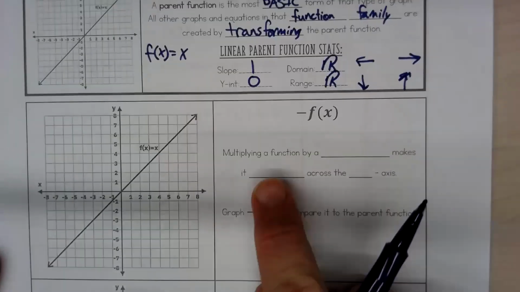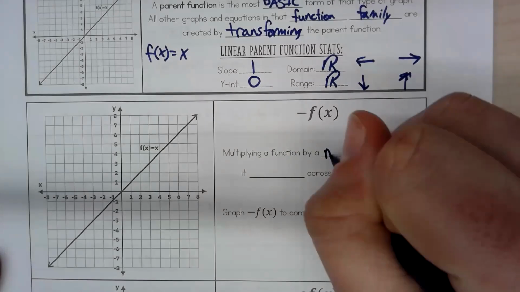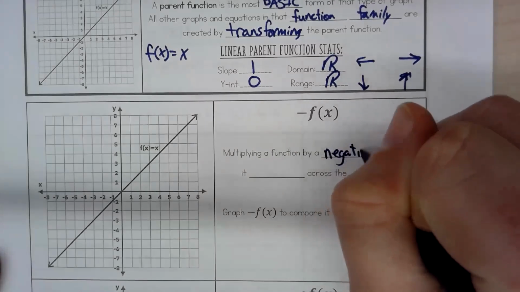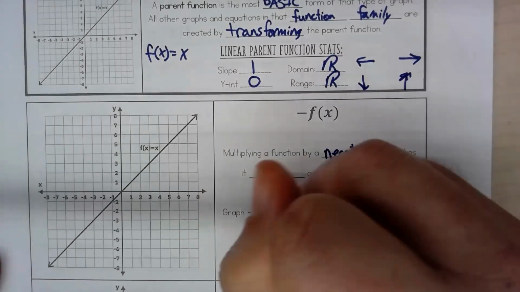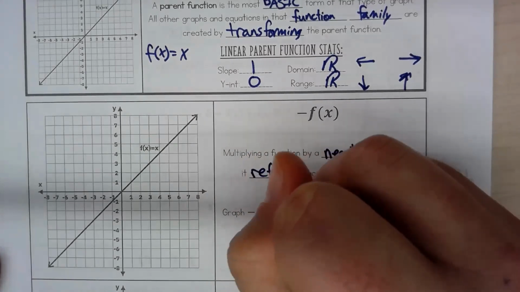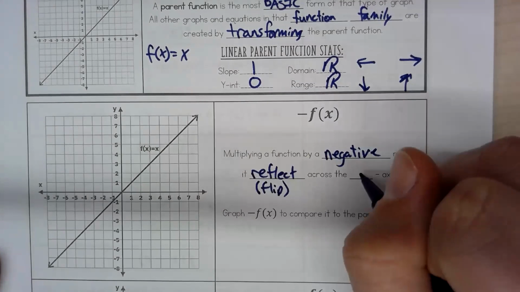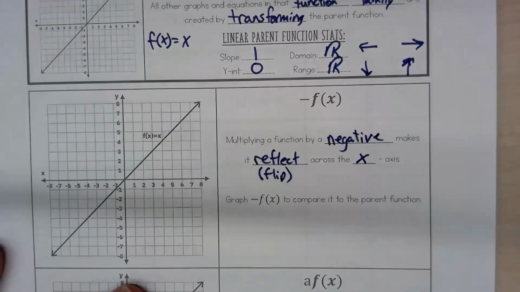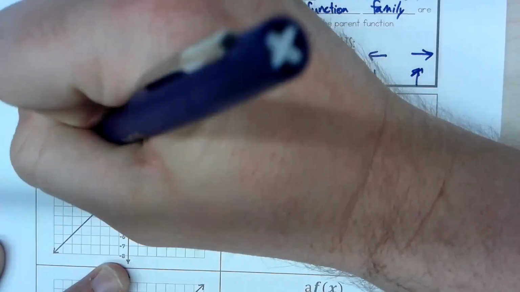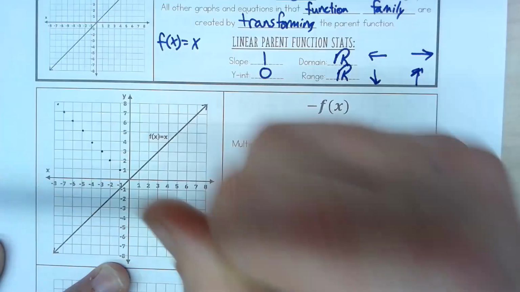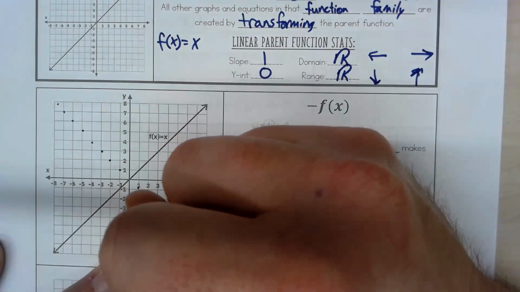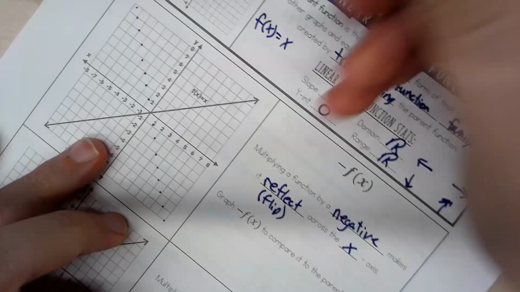All right. So multiplying a function by a negative value makes it reflect or flip across the x-axis. So our negative f of x was the same exact thing, it was just negative, right? I have to put all my dots, so that helps me make as straight a line as possible.